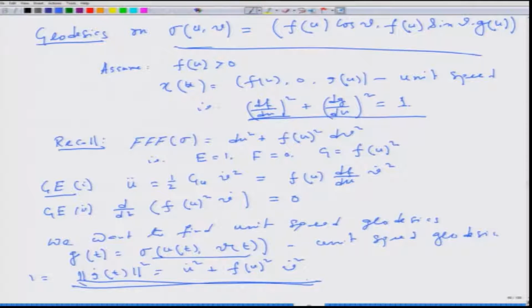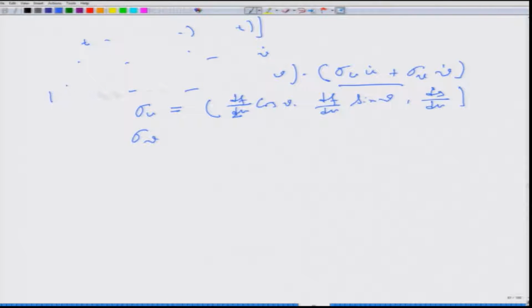Let us put this condition as star. Do the calculation yourself, no problem.